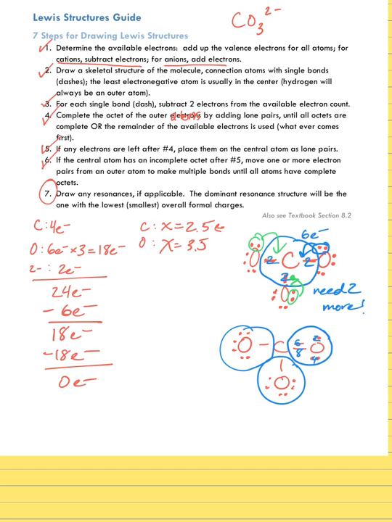Now we can draw resonance structures, which is step 7. So this would account for the fact that when you make a double bond, it could have come from any of these oxygen atoms.